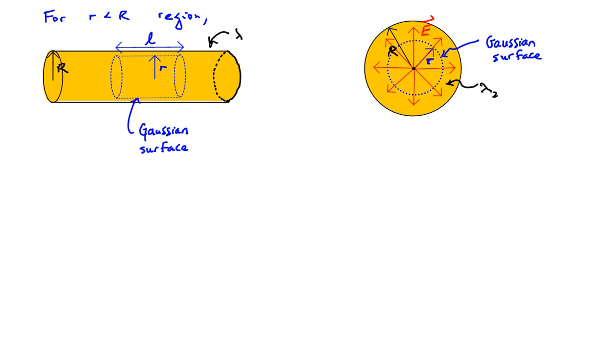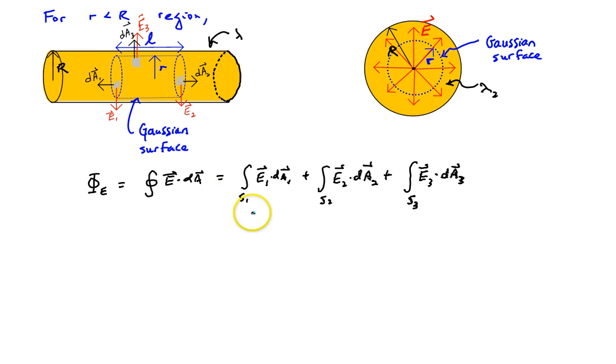Then we would divide the Gaussian surface into 3 different regions: the left end, the right end, and then the cylindrical wall of the Gaussian surface. And now we'll find the total flux of this Gaussian surface, which is the integral over this closed surface of E dot dA, which is really made up of 3 surfaces, S1, S2, and S3.